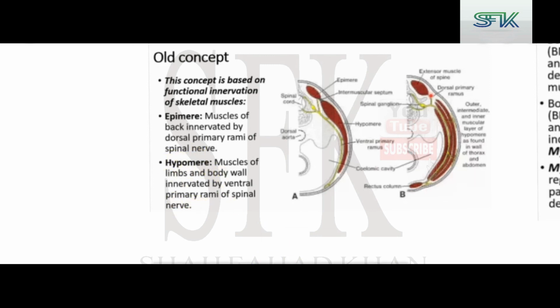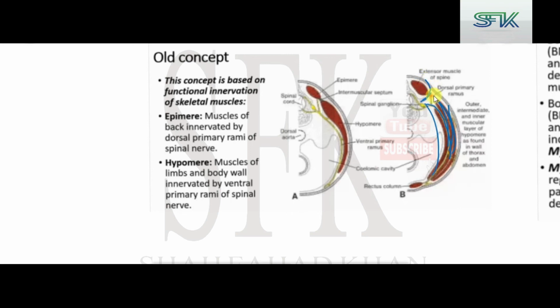You are very well aware of the branches of the spinal nerve. There are two main branches: several ventral branches coming in front, and several dorsal branches going onto the back side.